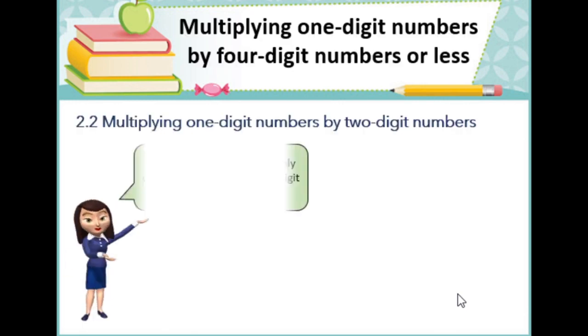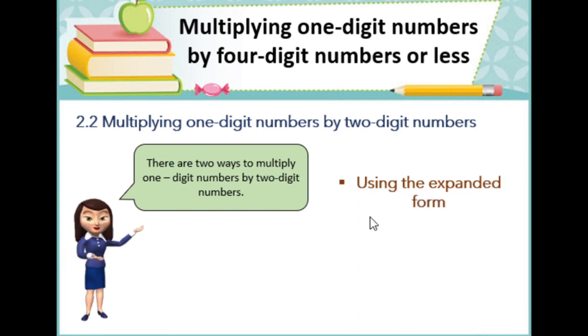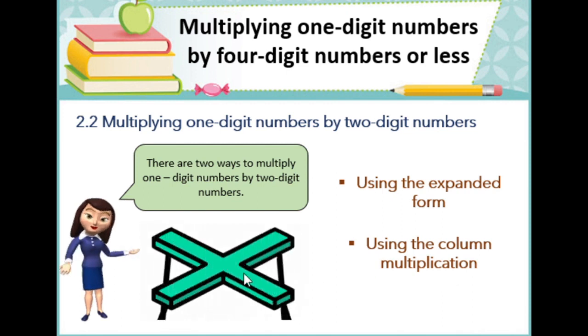There are again 2 ways to multiply one-digit numbers by two-digit numbers. As shown on the previous slide, we used the expanded form and the column multiplication, right? We use the expanded form to get the product, and also we can use the column multiplication.